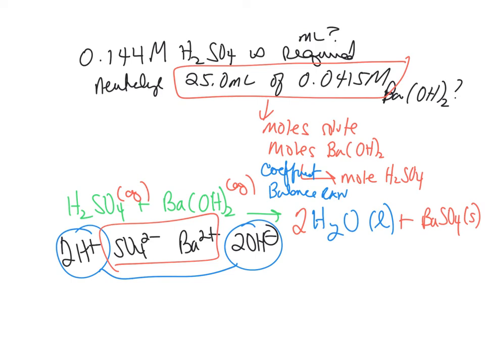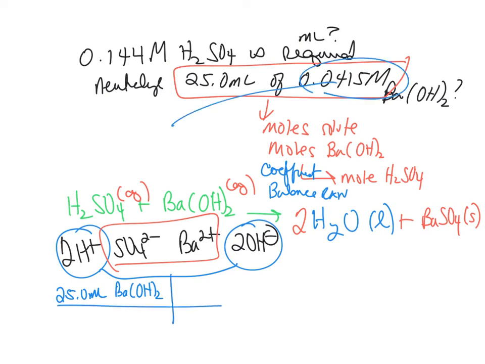All right, so now let's go from 25.0 milliliters of barium hydroxide, and then this is a conversion factor, so that is 0.0415 mole of barium hydroxide equals 1,000 milliliters.